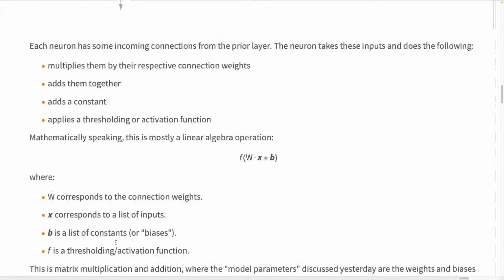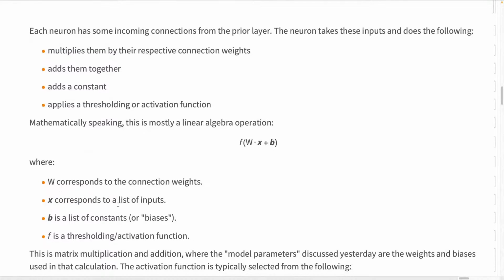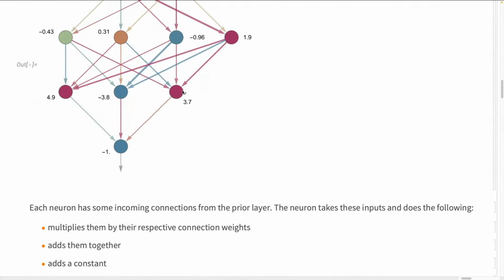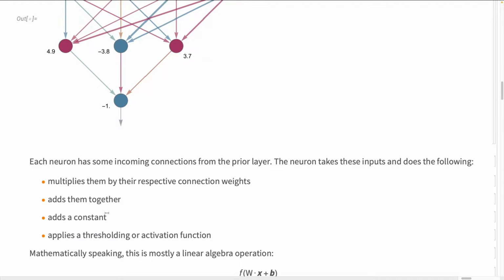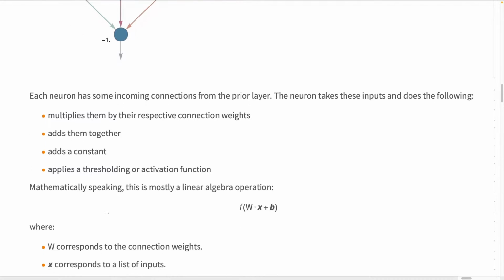The idea here with the mathematical operation of the network is that each neuron gets some inputs from the prior layer. If we go here, we can see that this one is getting inputs from all these ones from the prior layer. So what the neuron has to do is multiply each input by the connection weight, how strongly it's connected. Then it adds them together. It adds a constant called a bias, and then it applies a thresholding or activation function.